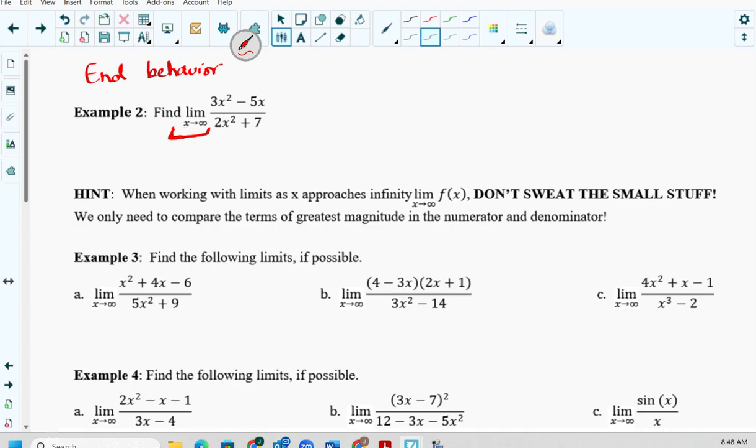Because if you're essentially plugging in infinity, infinity squared is going to be way more important than just 5 times infinity, okay? So we don't even have to pay attention to the minus 5x or the 7. This is what we are thinking about.